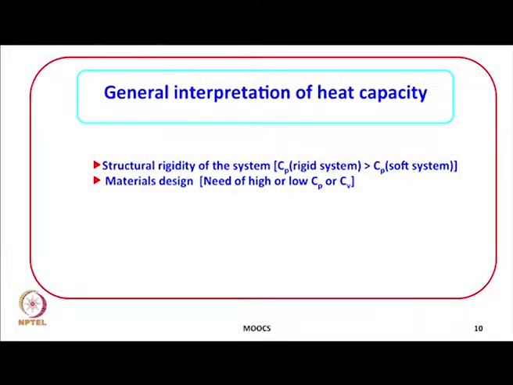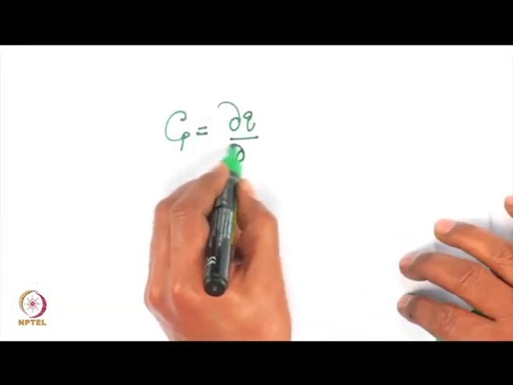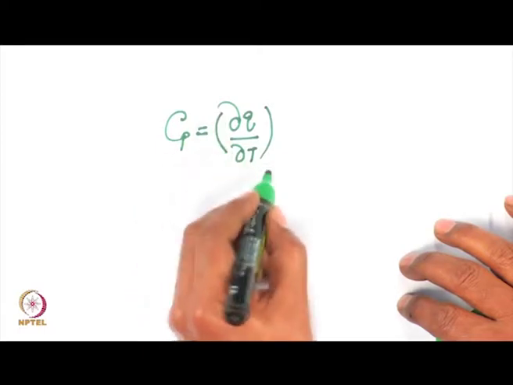In the design of materials, for example, Cp or Cv is defined as dou Q by dou T at constant pressure.